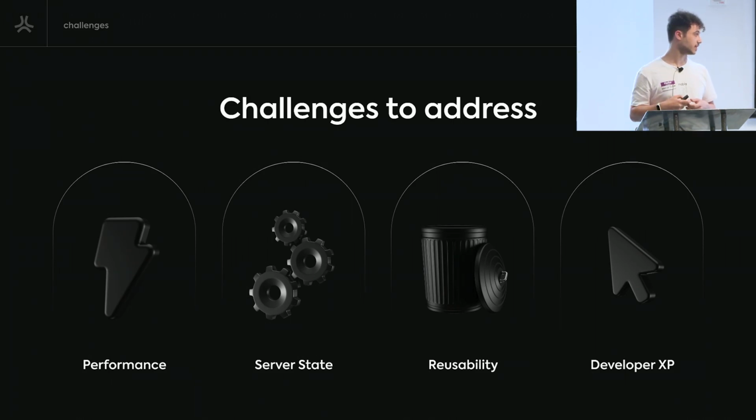It is a very big problem. So what I wanted to solve was performance, server state, which we will see what it means for me, reusability, and developer experience, because this year, what I found very strange is the learning curve of a front-end developer.